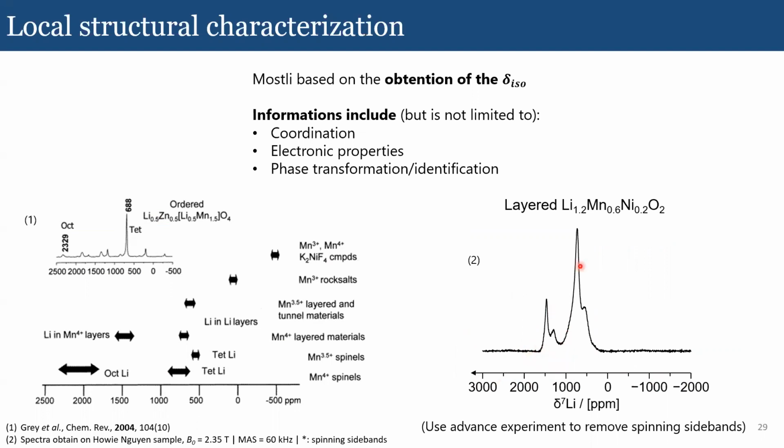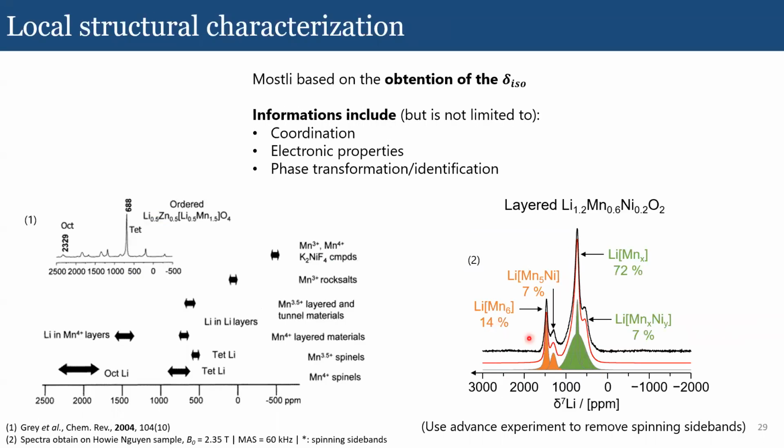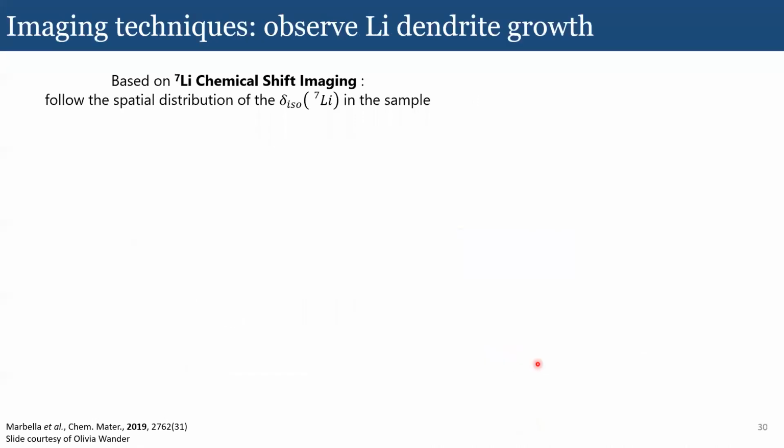Now I only have my 4 signals and I can fit them and obtain the actual integration of the signals, which relates to the relative amount of lithium in each environment, which is quite useful. Doing that with XRD would be very difficult or even impossible.